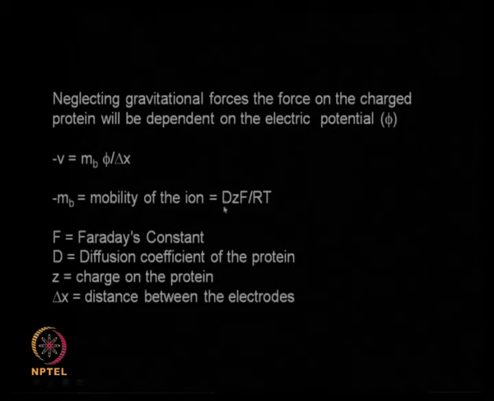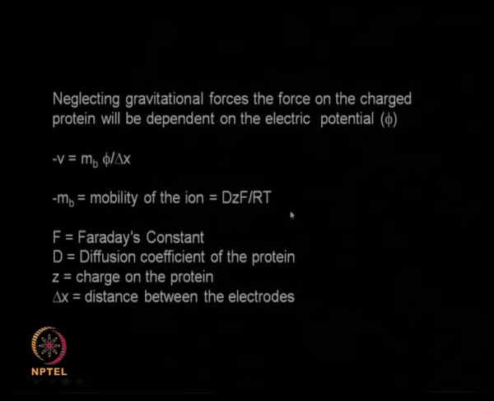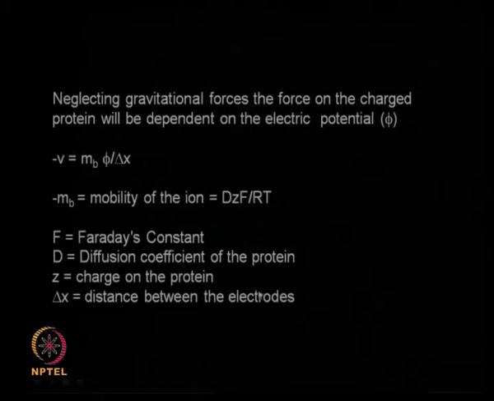But of course you have something called the diffusion coefficient. If the diffusion coefficients are different between the proteins, then that will also affect their mobility. So not only the charge on the protein is important, but also the diffusion coefficient.